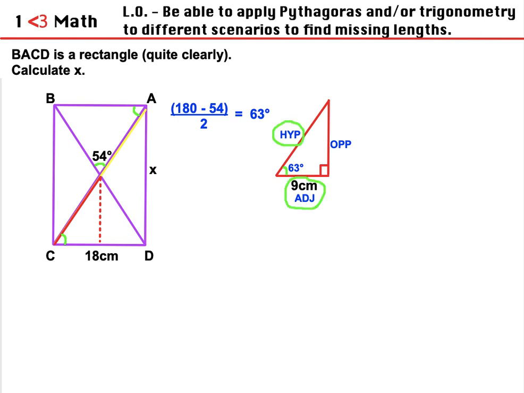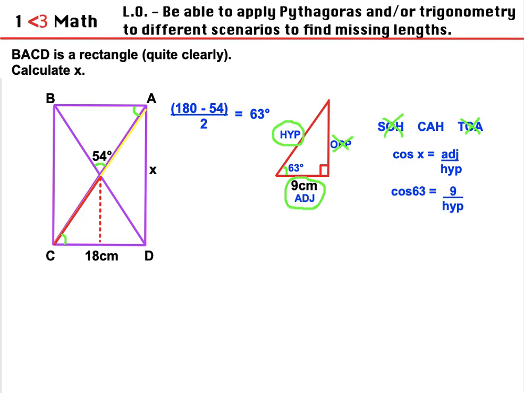Consequently, we're going to use the hypotenuse and the adjacent. We write down SOHCAHTOA. We cross out the opposite, so we're not using SOH and we're not using TOA. So we are using CAH, which is cos x equals adjacent over hypotenuse.